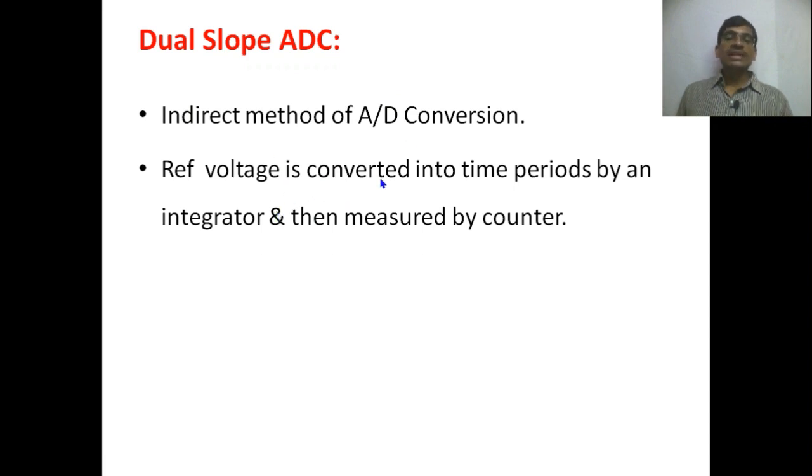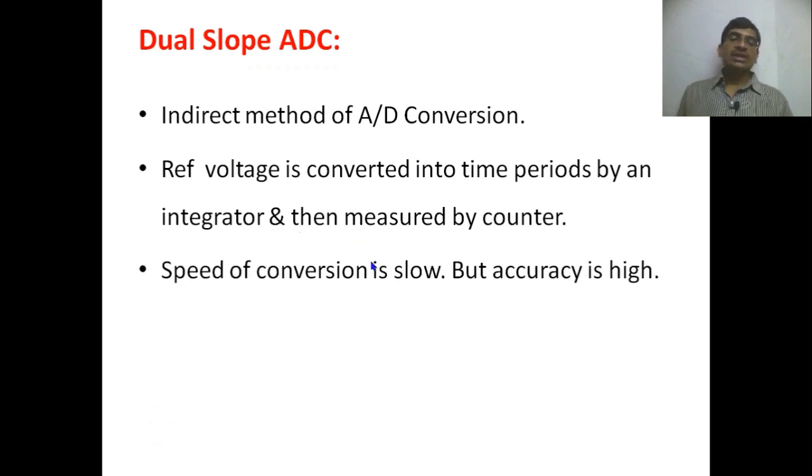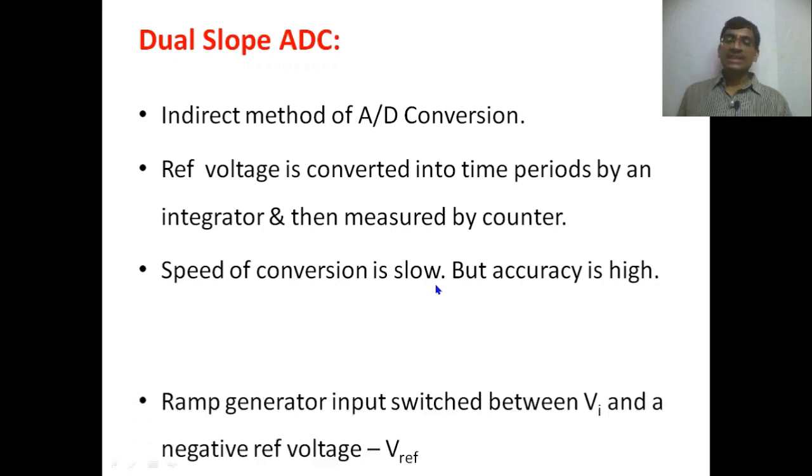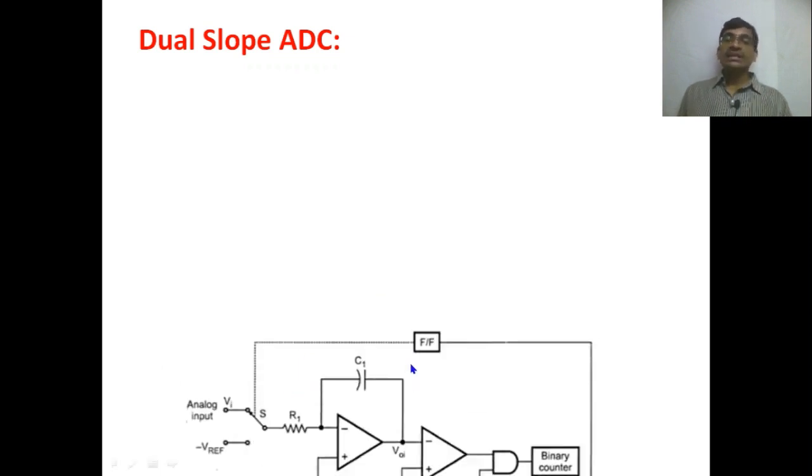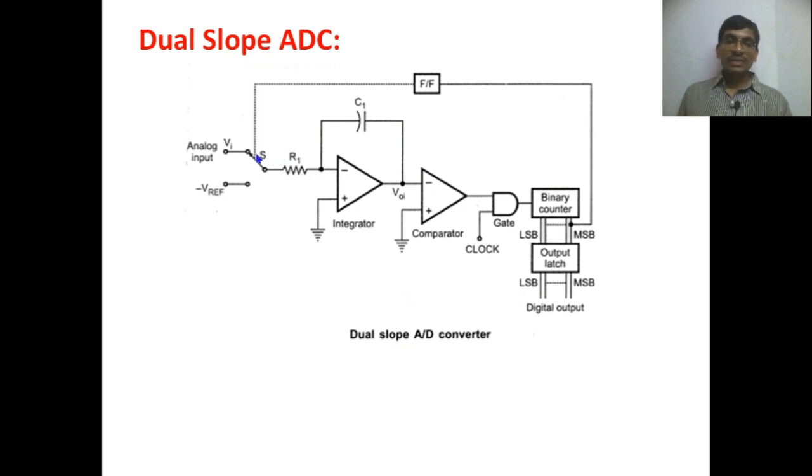The reference voltage is converted into a time period by an integrator and then measured by the counter. The speed of conversion is low, but the accuracy is high. The ramp generator input is switched between Vi and the negative reference voltage, minus V reference.